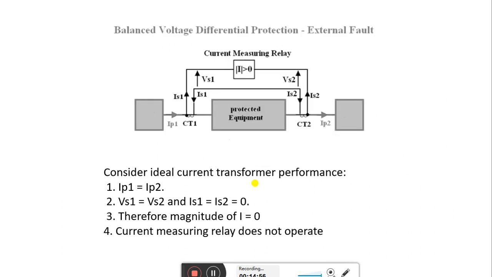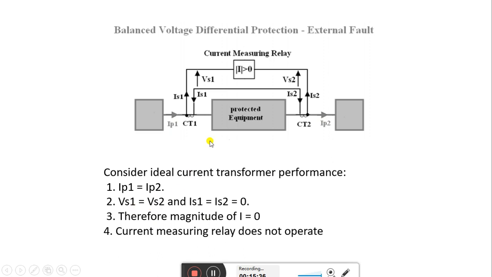Let us see the circuit diagram for the balance voltage differential protection if the fault is external. If the fault is external, what will happen? In this situation, consider the ideal current transformer again. As I have discussed, both CT1 and CT2 are ideal current transformers, so the IP1 current will be equal to the IP2 current.